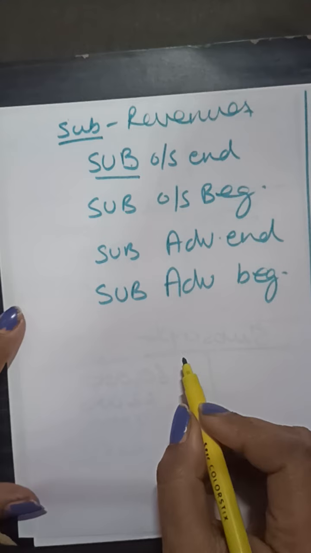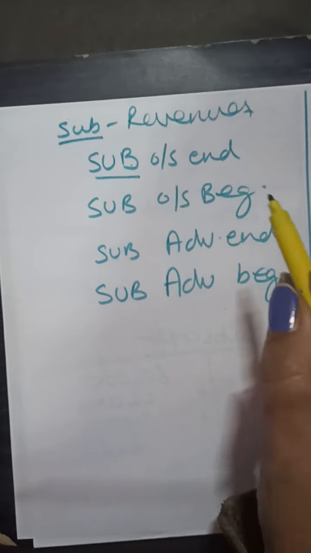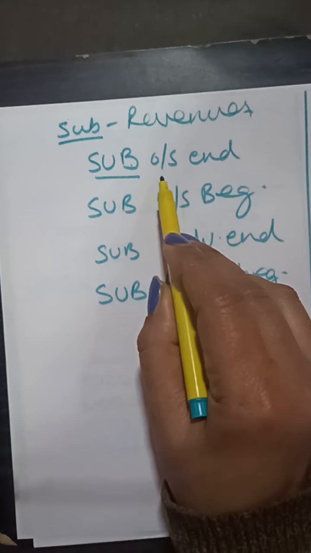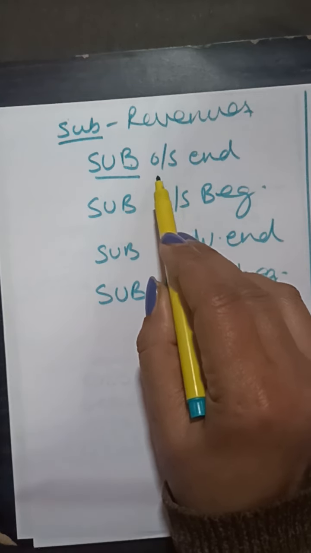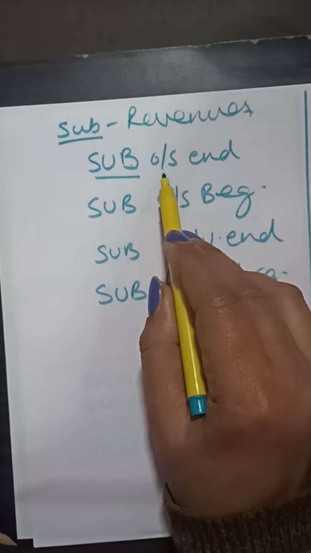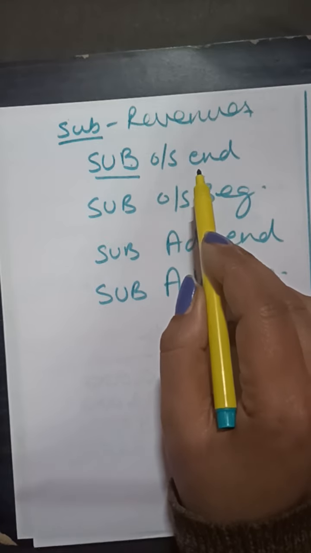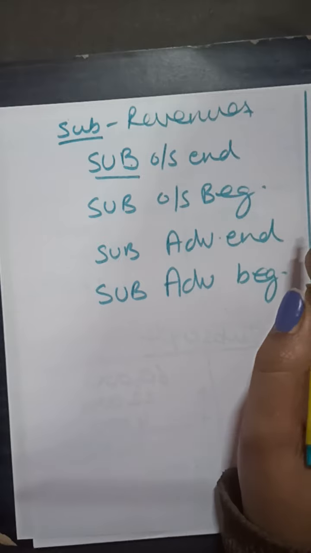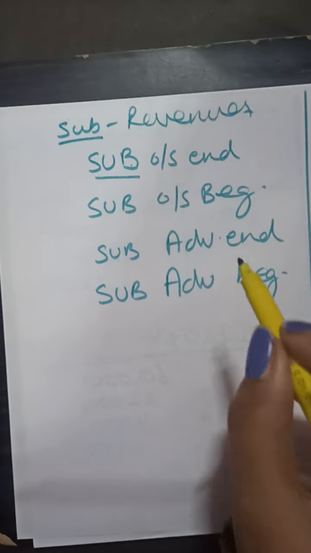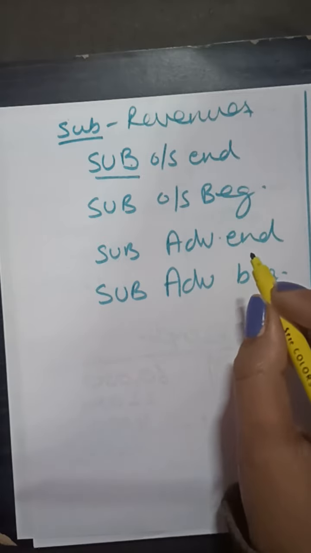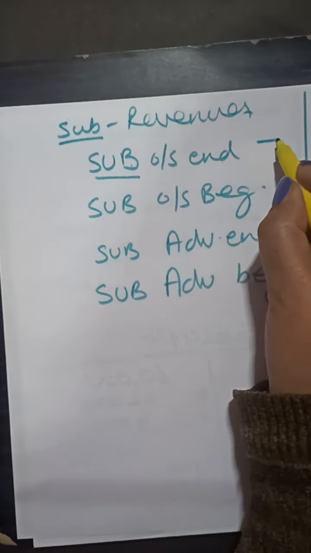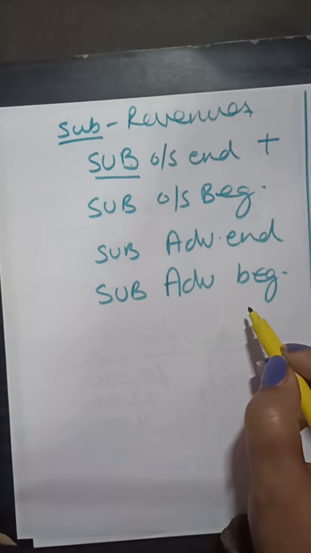So what adjustments do we need to give? See now, in case subscriptions are outstanding at the end, that means till the end of the year we have not received them, but they relate to this year, so they have to be taken.